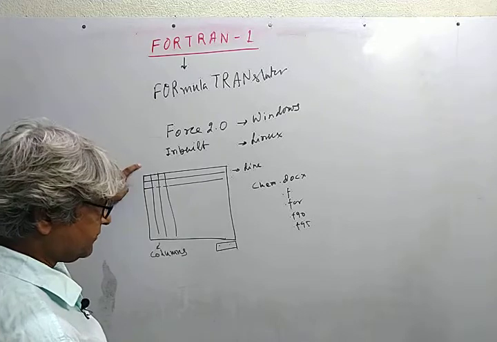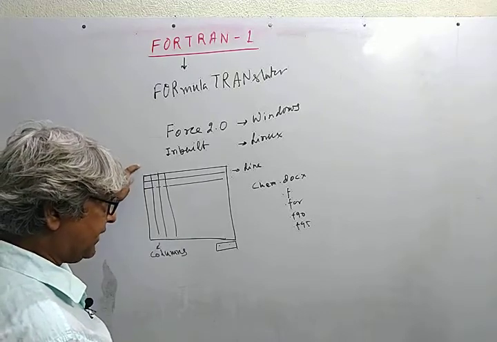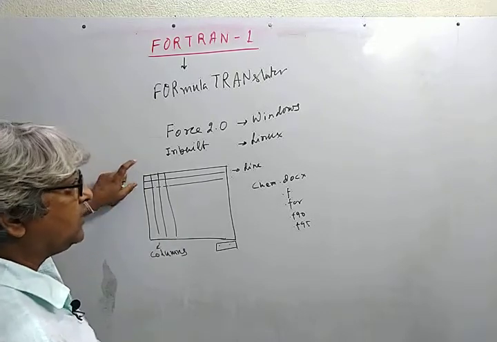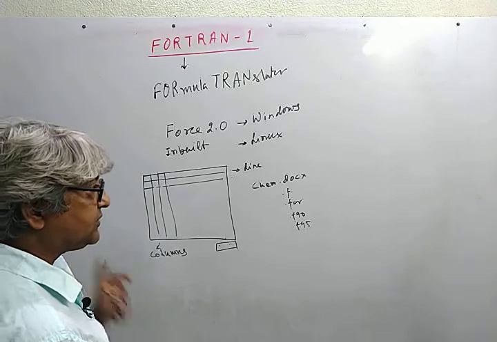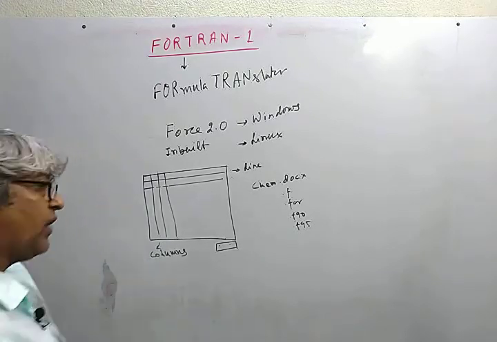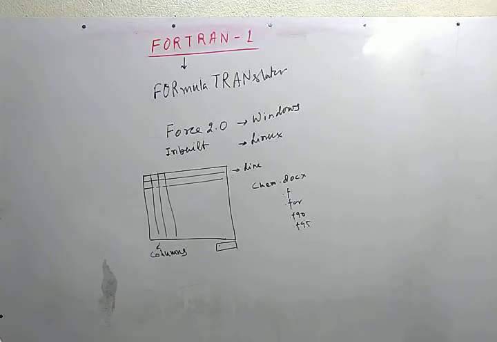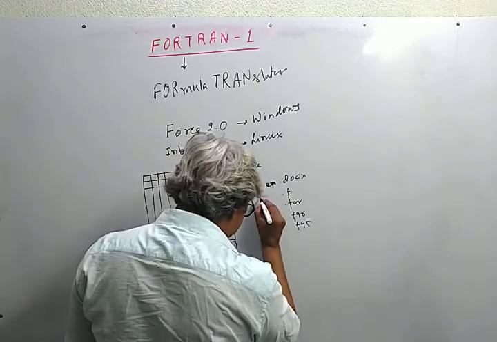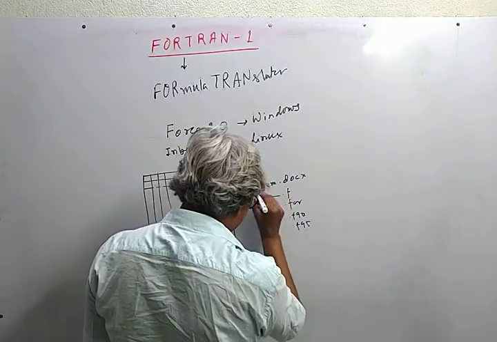Whenever you want to write something and save it, you go to the file option, and then you will have a save option, save or save as. If you are already working with an existing file, then you go for save, and if you want to create a new file, then save as. In the save as part, you need to specify only the name.